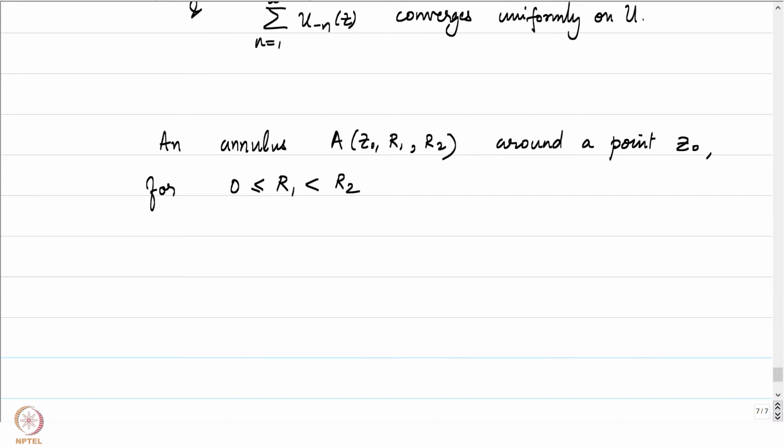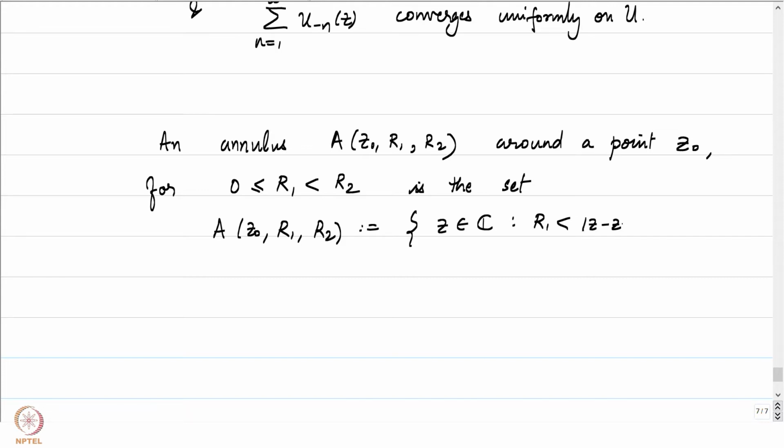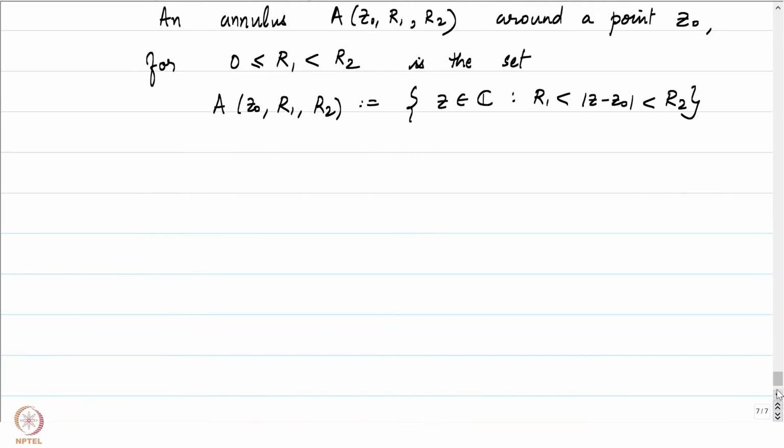By the way, R2 could be infinite. So what is this? It is the open set given by the set of all Z in C such that R1 is less than mod Z minus Z0, which is less than R2. Let me draw a picture to describe what the annulus is going to be.